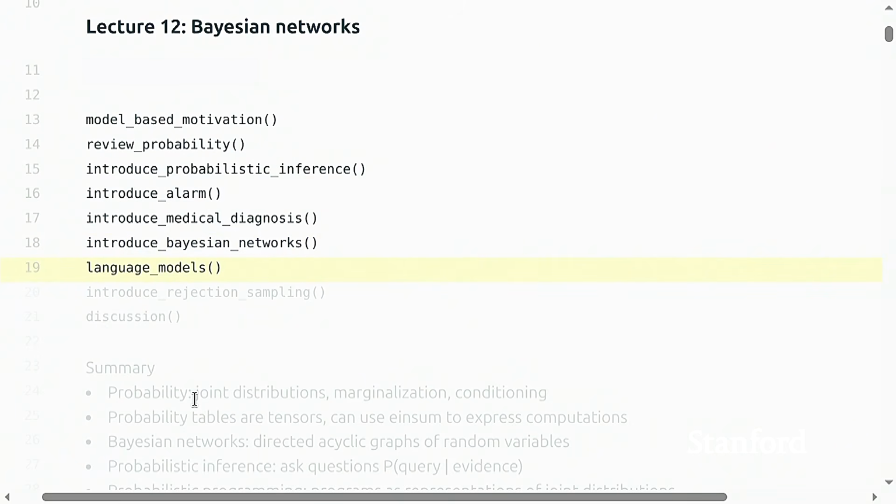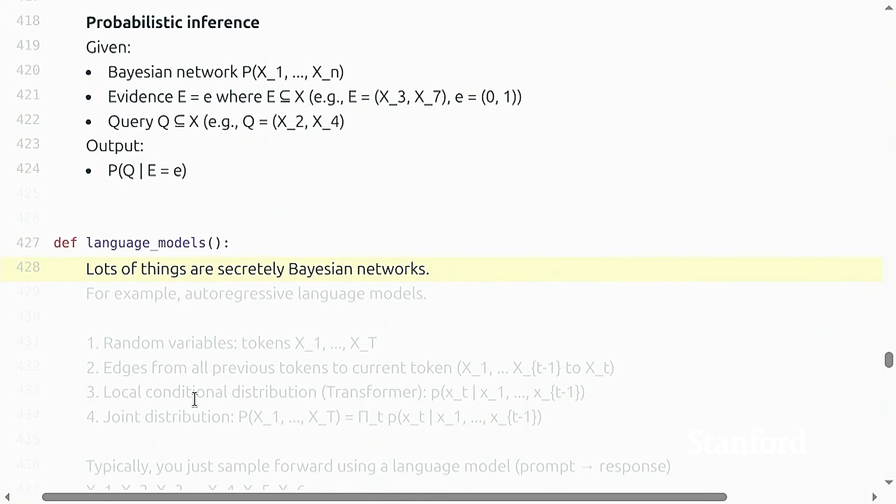So Bayesian networks actually show up in a bunch of places. Usually you don't think about them, but I'll give you some examples. For example, autoregressive language models. If we put on Bayesian network hats, then an autoregressive language model is actually a Bayesian network. The random variables are the tokens. Suppose you're going to generate T tokens, so the tokens are x1 through xT.